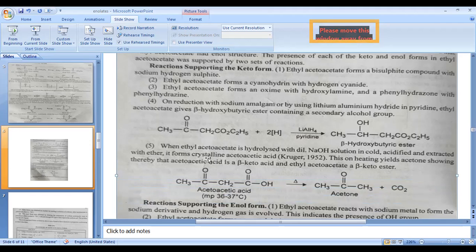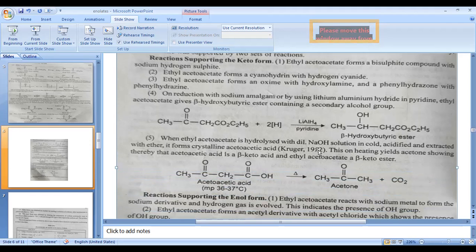Next, when ethyl acetoacetate is hydrolyzed with dilute NaOH solution in the cold, and then acidified and extracted with ether, it forms acetoacetic acid. This acetoacetic acid on heating undergoes decarboxylation to give acetone.